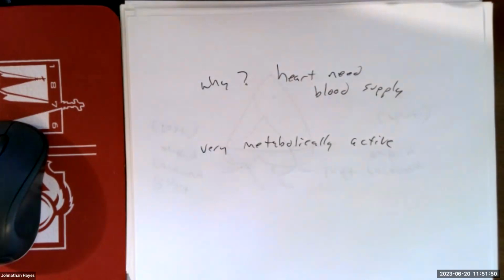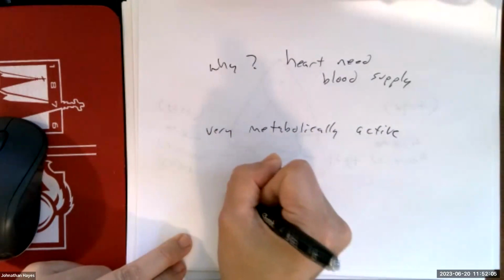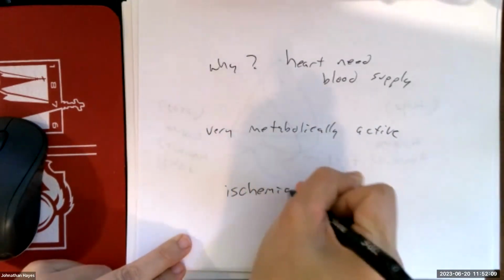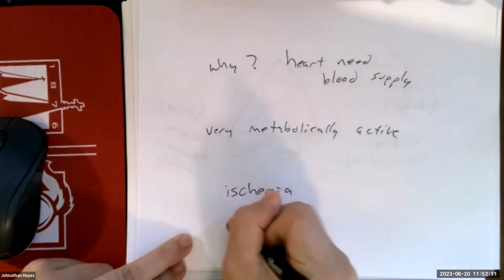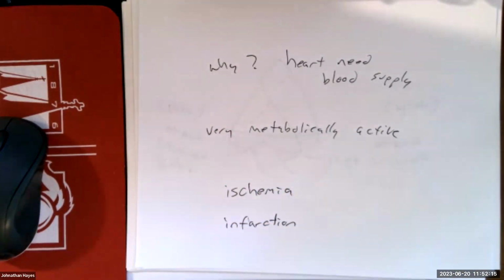You have to get rid of it. So it never takes a break. And if I can't supply blood fast enough to an organ that's metabolically active, then what happens, right? That's where those words come up. If I can't provide enough blood to a metabolically active organ, you'll get ischemia and possibly infarction, right?